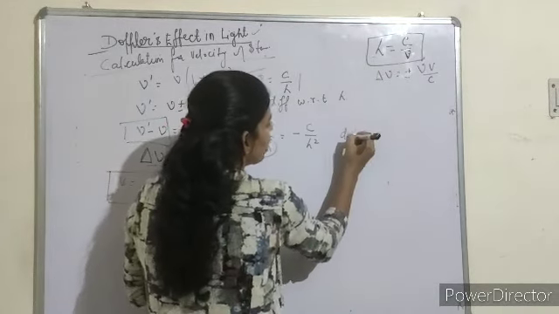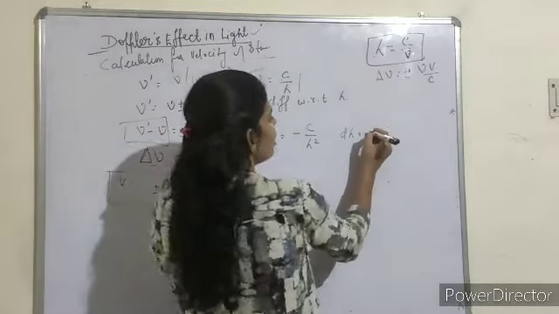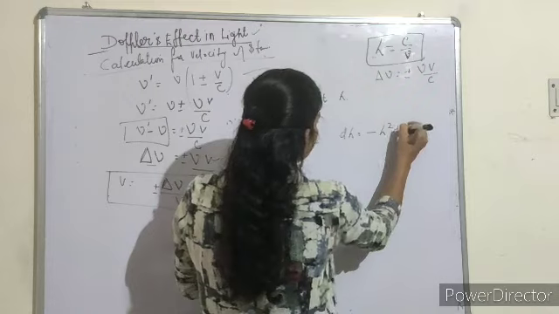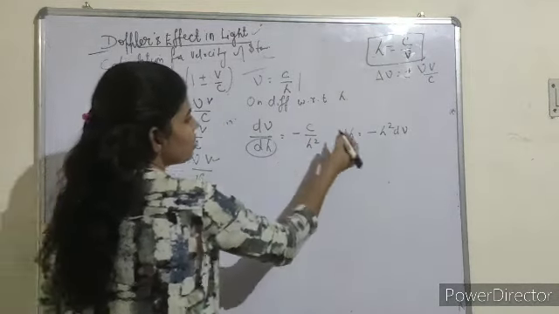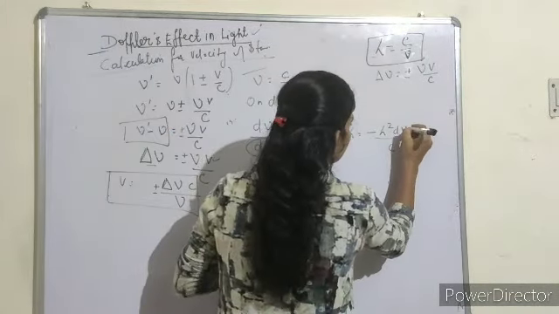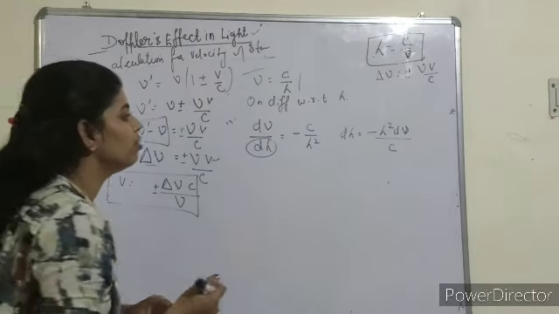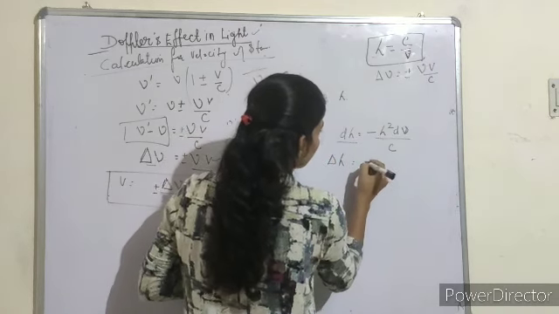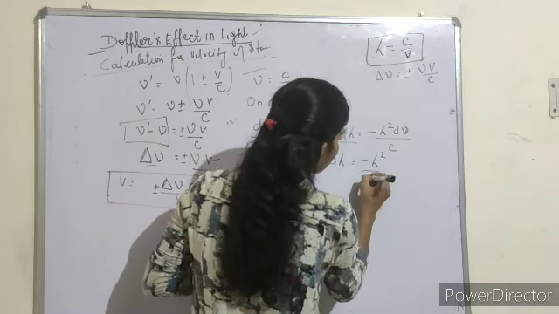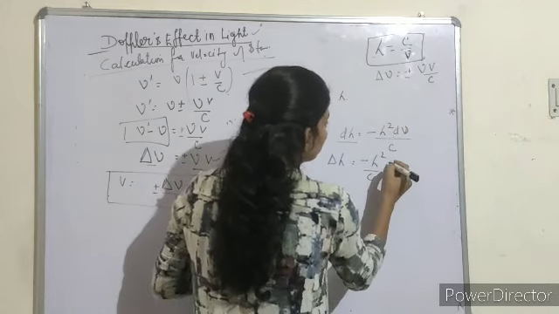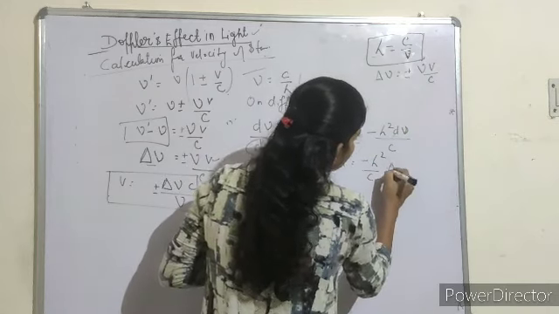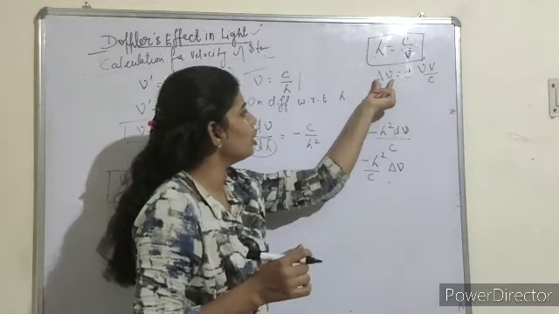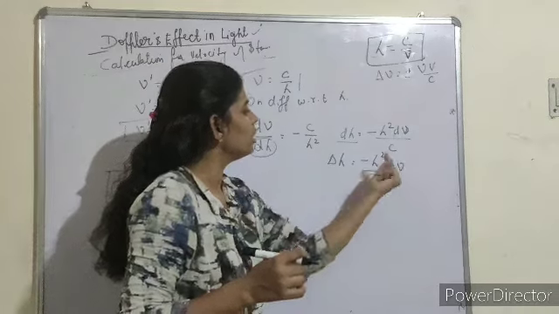D lambda would become, यहाँ से क्रॉस मल्टीप्लाई हो जाएगा and it would become minus lambda square d nu by c. And we can change d lambda by delta lambda, and this is equal to minus lambda square by c, और इसको हम लिख देंगे delta nu. I hope I'm clear.